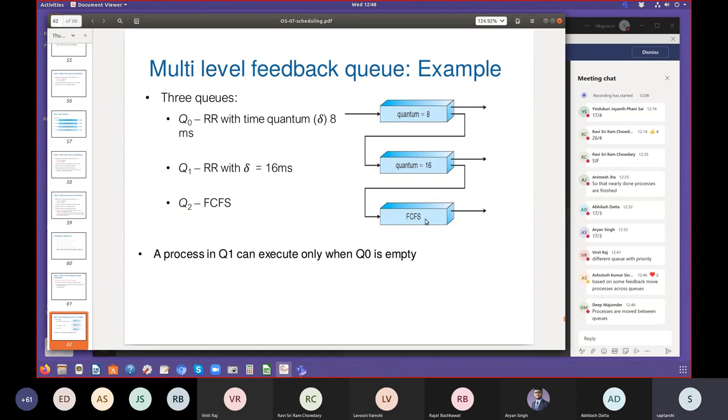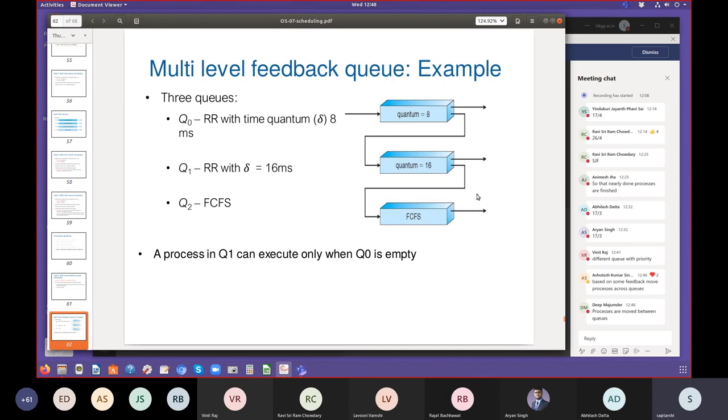And Q2 is executing simple FCFS scheduling. The rule is this: a process in Q1 can execute only when Q0 is empty. So basically, what is going on here?